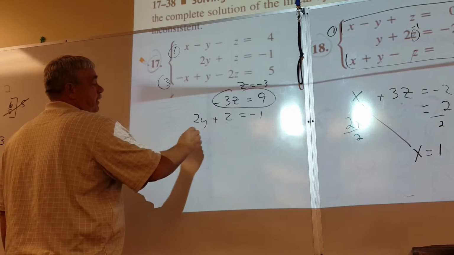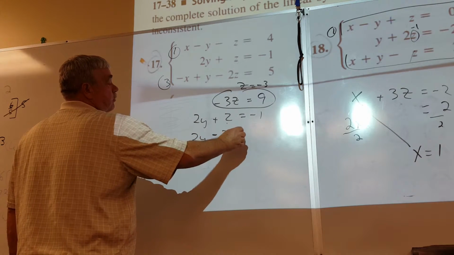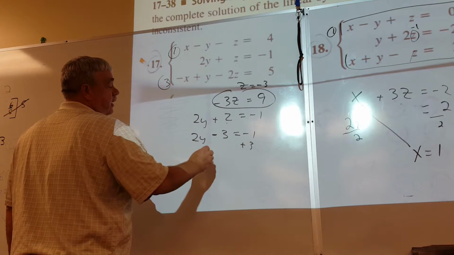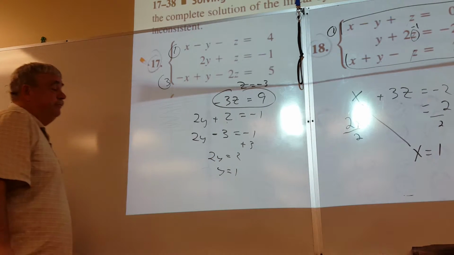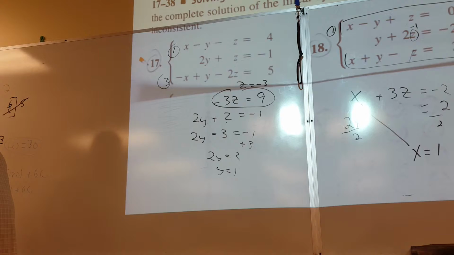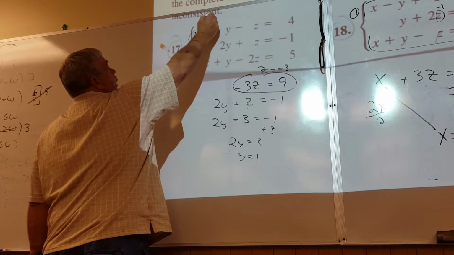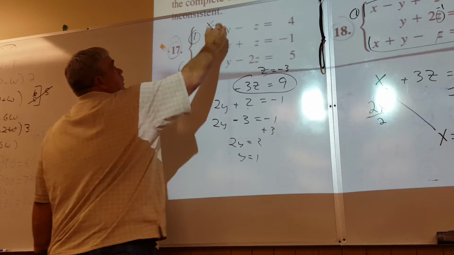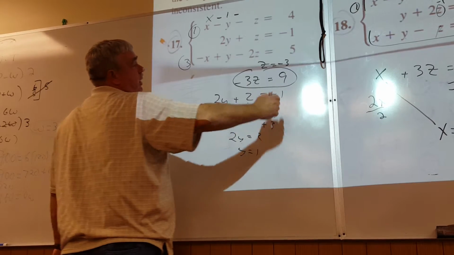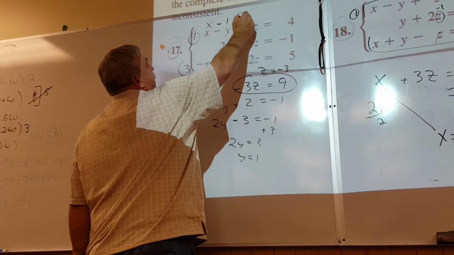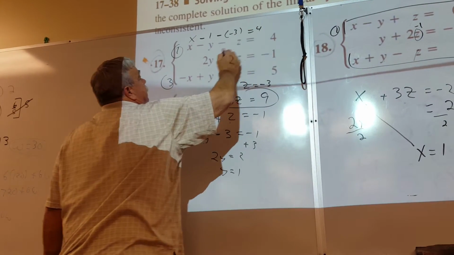So we put that up in here. 2y minus 3 equals negative 1. When you add 3, 2y equals 2, so y equals 1. Then I would put it up in the first one, so I would have x minus 1 minus negative 1, no, z is negative 3, equals 4.